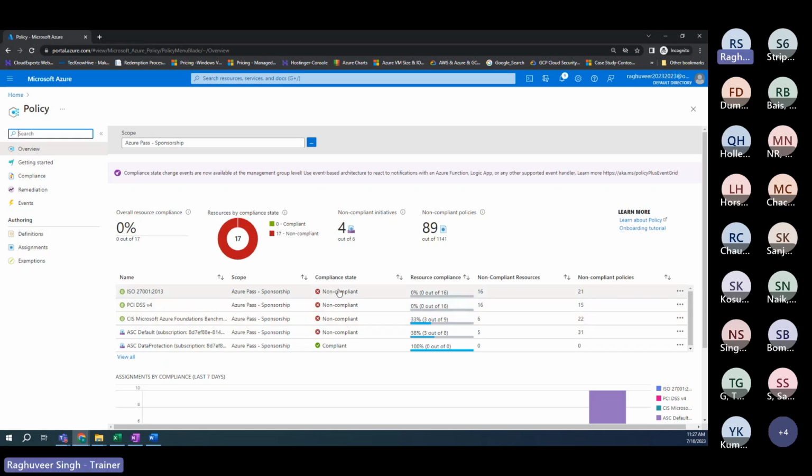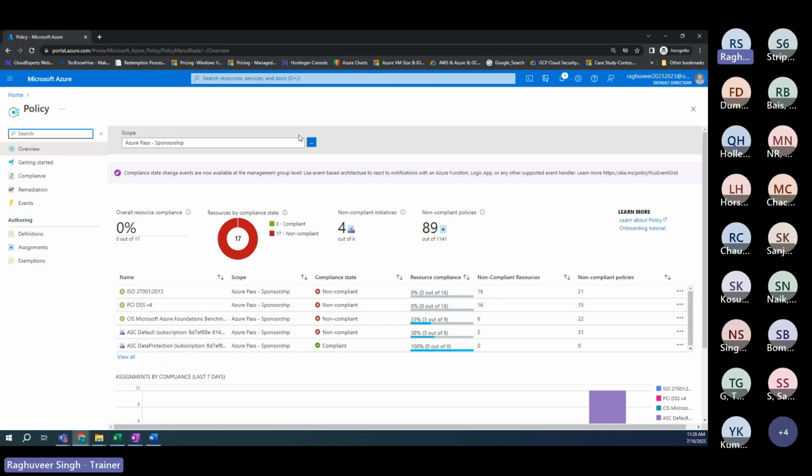All of them are shown here, and you see non-compliant, non-compliant, non-compliant. Why does it say non-compliant? Because right now you have just a couple of resources here, and this is very early. You have just enabled it, so you need to give it at least a couple of hours to scan the subscription and return the compliance status properly. But this is where you will see the compliance also.